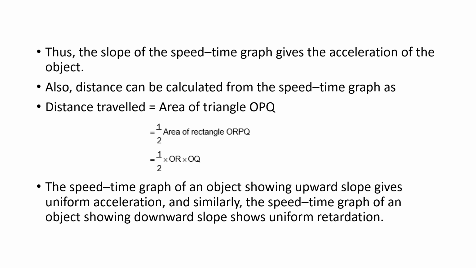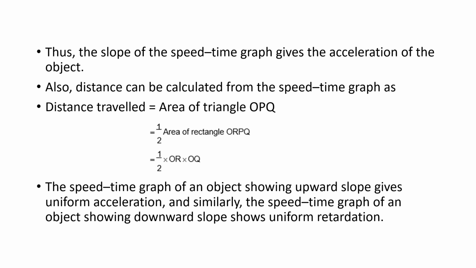Also, distance can be calculated from the speed time graph as distance traveled is equal to the area of triangle OPQ, that is equal to 1 by 2 the area of rectangle ORPQ. This is equal to 1 by 2 OR into OQ.